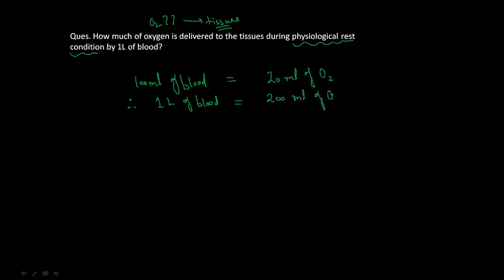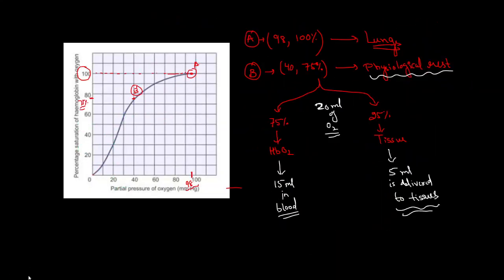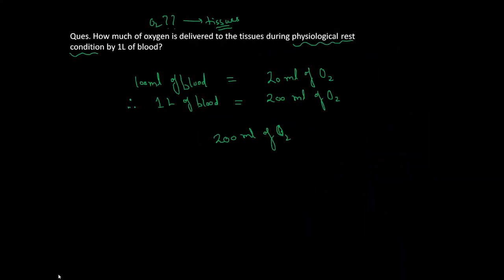Simple maths, right? So from this 200 ml of oxygen, we have just seen that at physiological rest condition, let me show you again here, 75% of oxygen remains in our blood, while 25% of oxygen is given to tissues, only 25%. So here also just apply this thing.